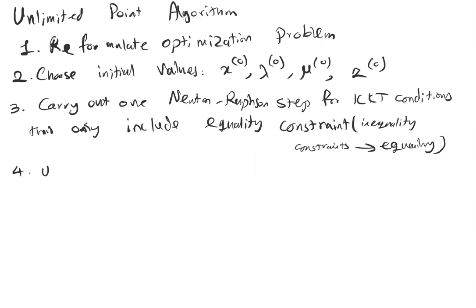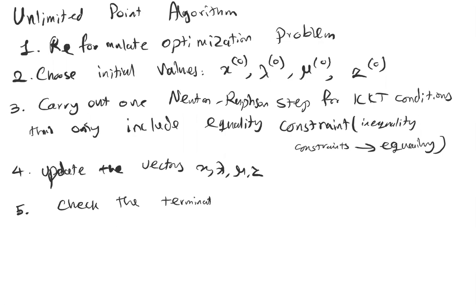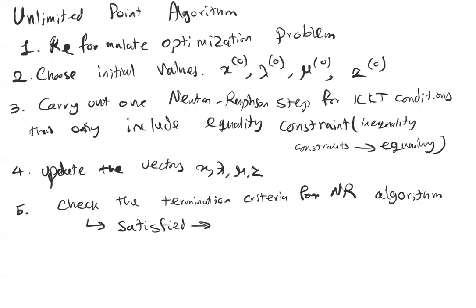In the next step, use the update rule for Newton-Raphson to update the vectors x, lambda, mu, and z. The next step, check the termination criteria for the Newton-Raphson algorithm. If the termination criteria is satisfied, it means the optimal solution is found.